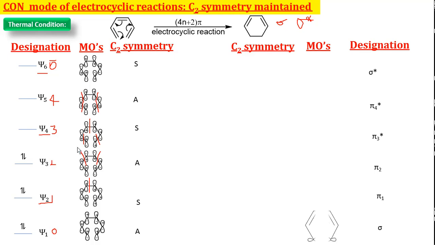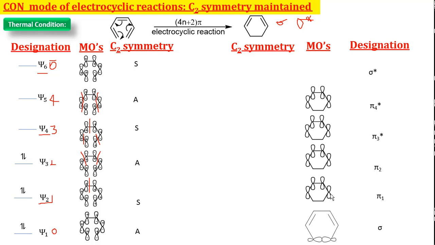So sigma is end-on overlapping. Pi 1 means we have 4 lobes, because this is nothing but 1,3-butadiene only. So 4 lobes are present, and again these also have 4 lobes. Sigma star is also side-on overlapping.